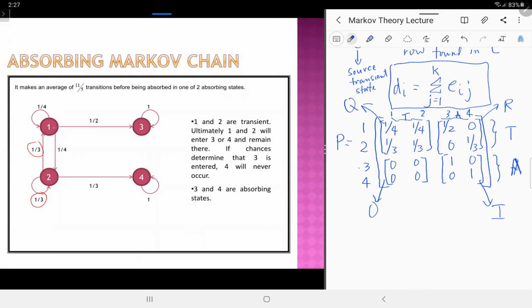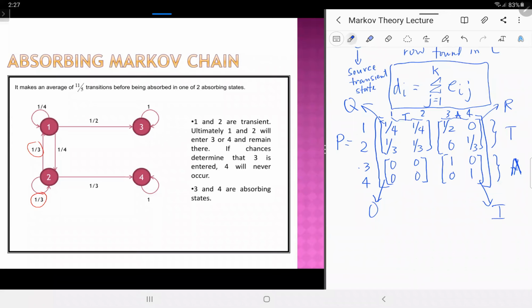Now you will see that states 1 and 2 are transient, and their possible transitions include returning back to themselves or moving. Transient state 1 can go back to itself or move to 2, and from 2 it can go back to itself.